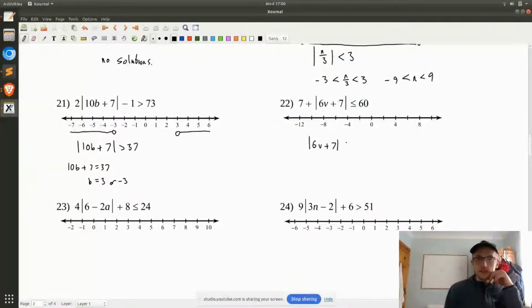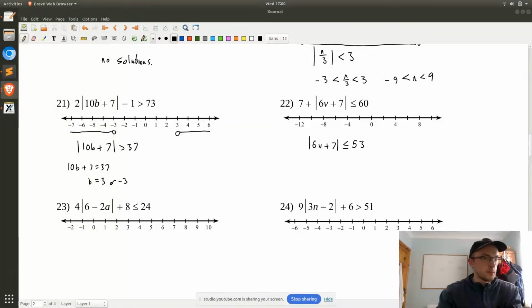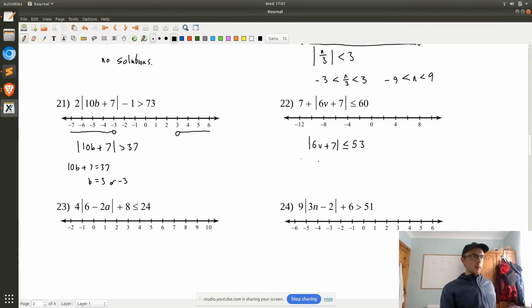This one. 53. Solve as a linear. Just one moment. Anyway.